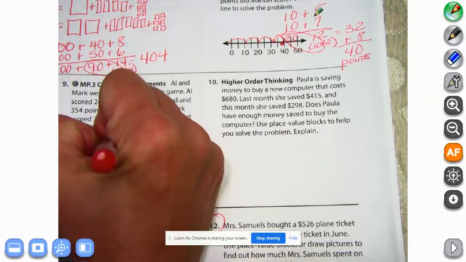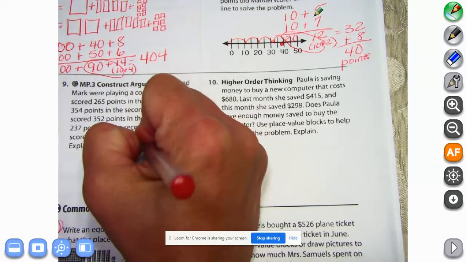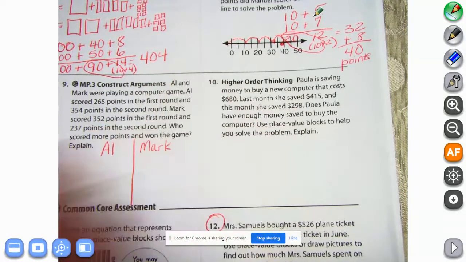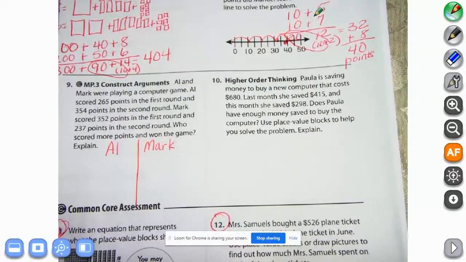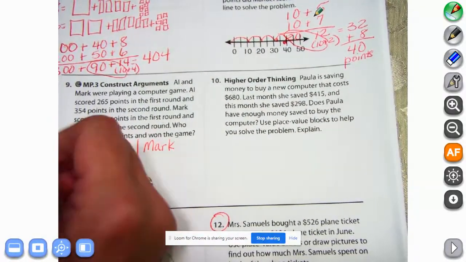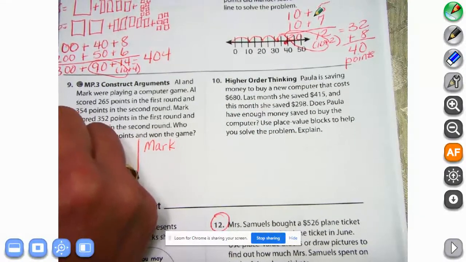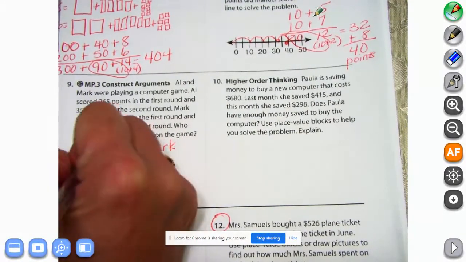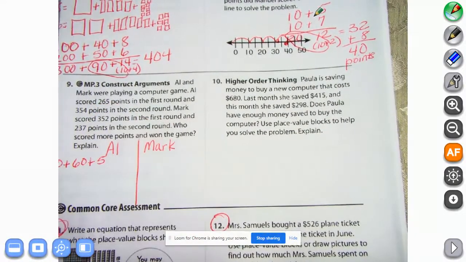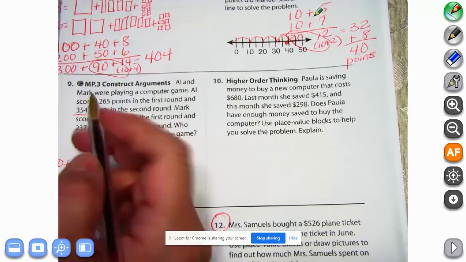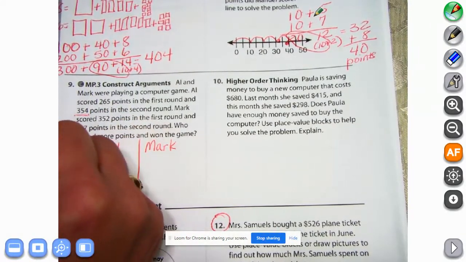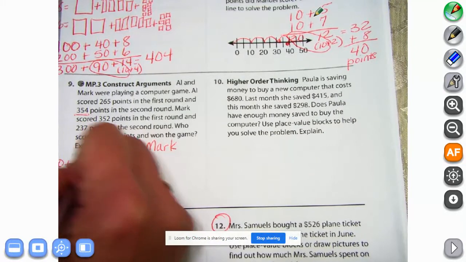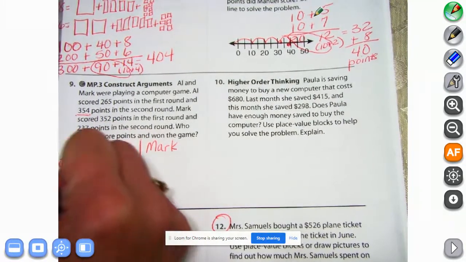I'm going to write Al's name up here and Mark's name up here. Okay? So for Al, he had 265. So 200 plus 60 plus 5. And he also had 300 plus 50 plus 4.